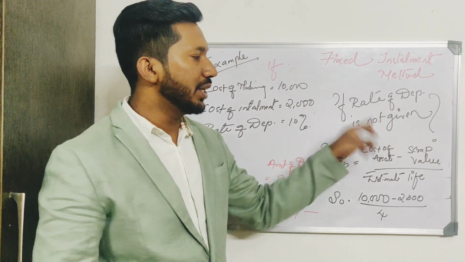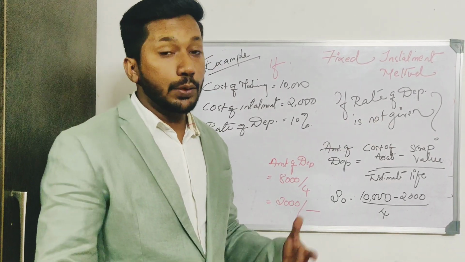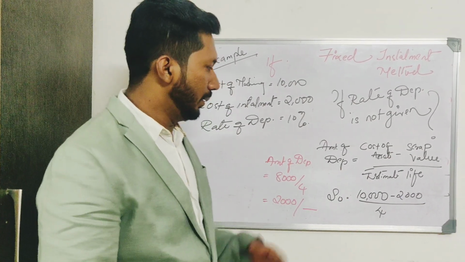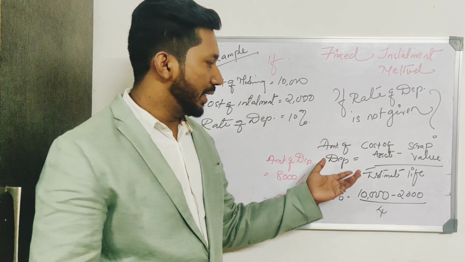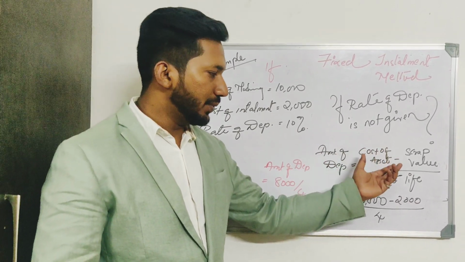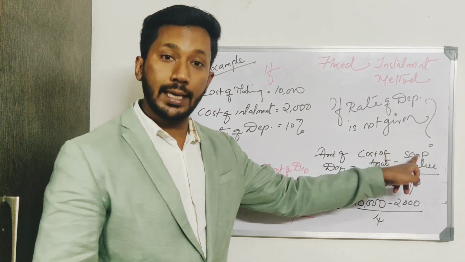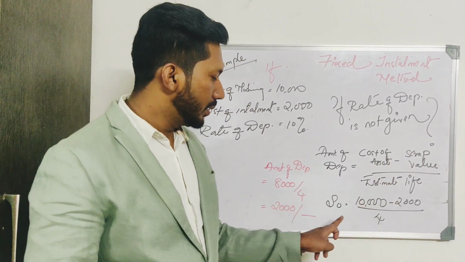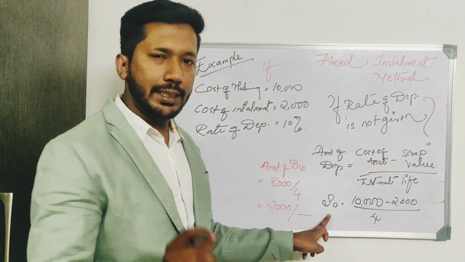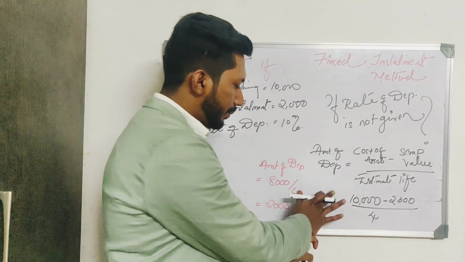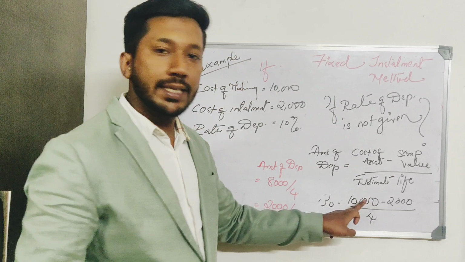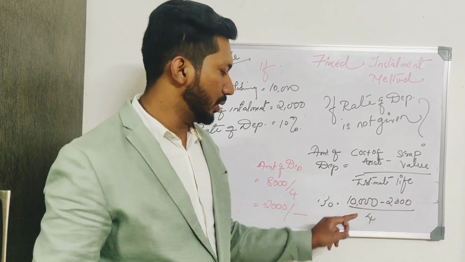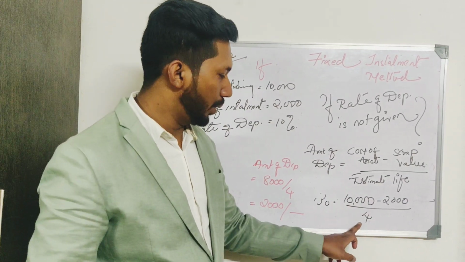So here is a question for you. If the rate of depreciation is not given in the problem, then what to do? We have a formula. We need to apply the formula: amount of depreciation is equal to cost of asset minus scrap value, divided by estimated life. Example, let us assume cost of asset is 10,000, scrap value is 2,000 and estimated life is 4 years.